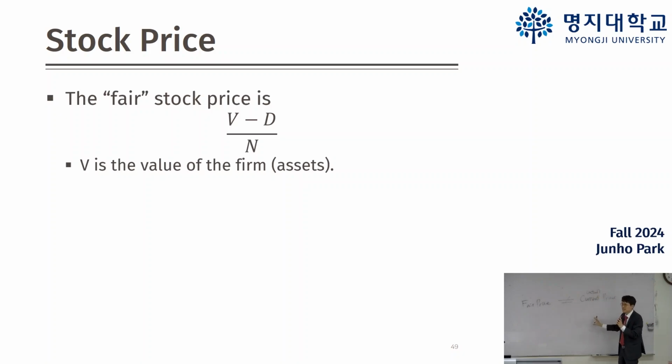So in many of the cases, you would realize after thorough analysis, you get the fair price, but this fair price is different from the actual stock price. Then maybe you would wonder if your analysis was wrong.